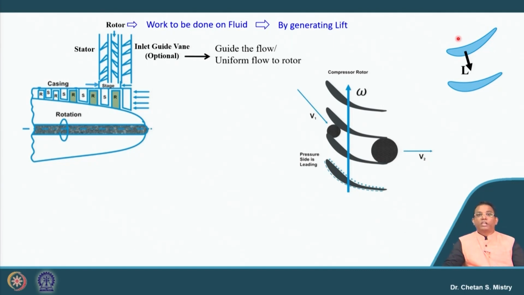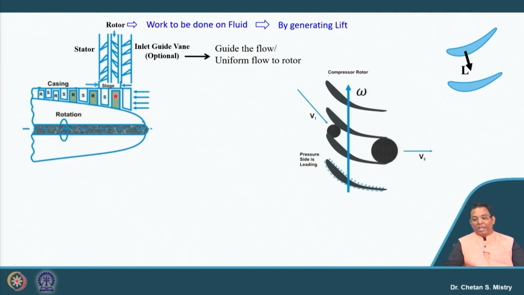The same logic is being used here. Now, we want to utilize this lift force. Here, these blades are made up of a number of aerofoils, and each aerofoil generates lift.